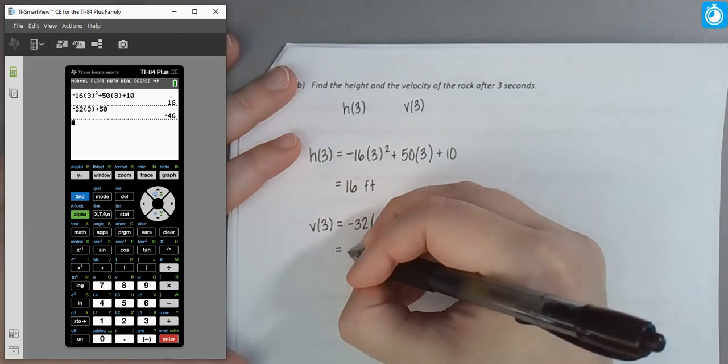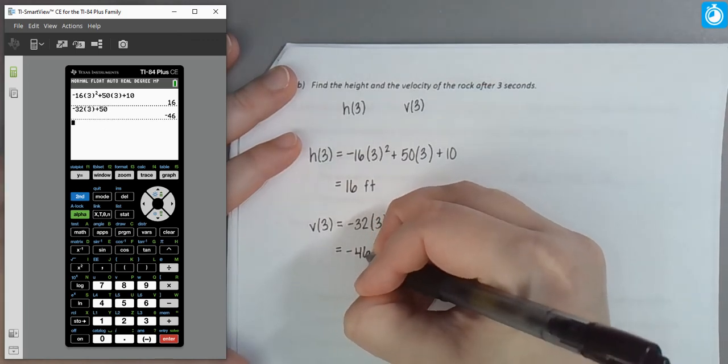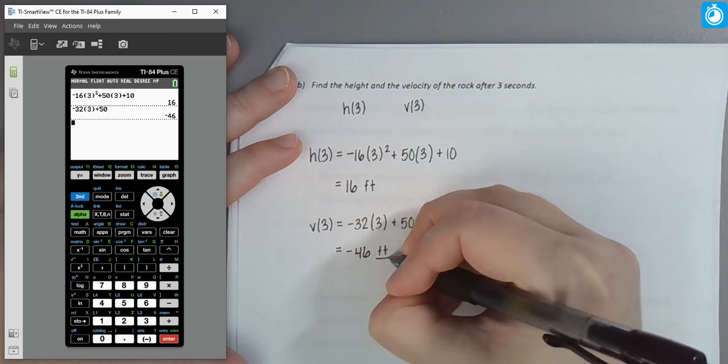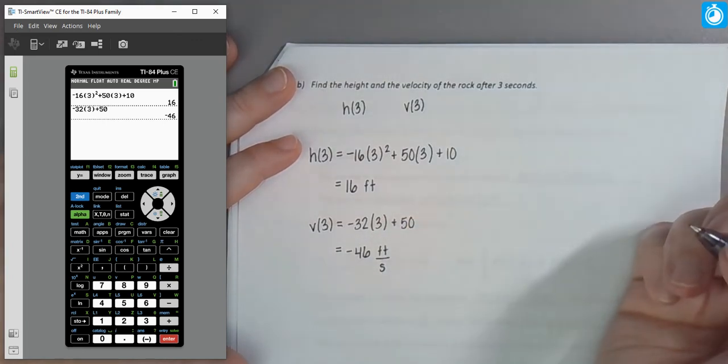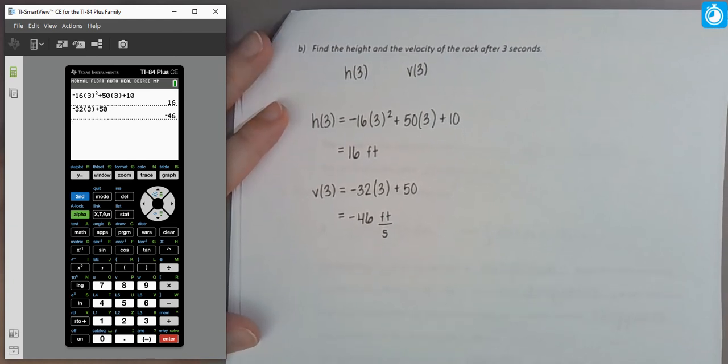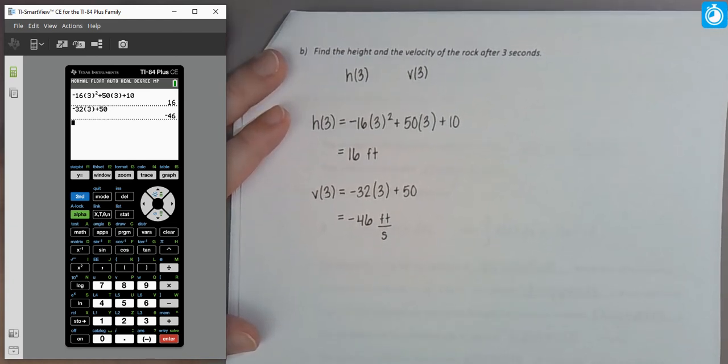And that's going to be negative 46. Negative 46 what? Feet per second. So that is going to be the velocity, which includes both speed and direction, after the object has been released 3 seconds.